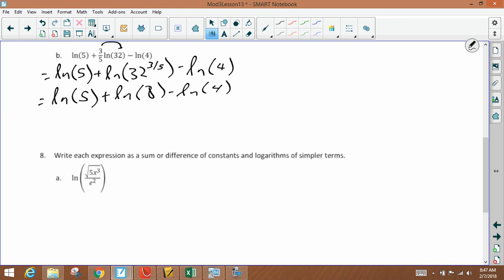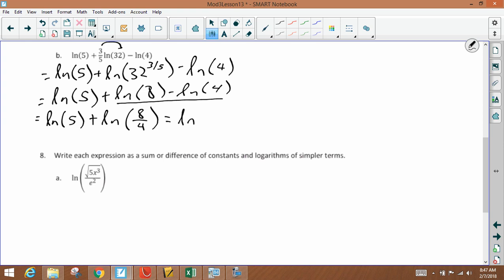And now I don't have to write the 5th root of 32 cubed over and over and over again. I don't want to do that. So now I'm going to go ahead and write this as a quotient. So I'm going to leave my natural log of 5, and then write this as natural log of 8 divided by 4.